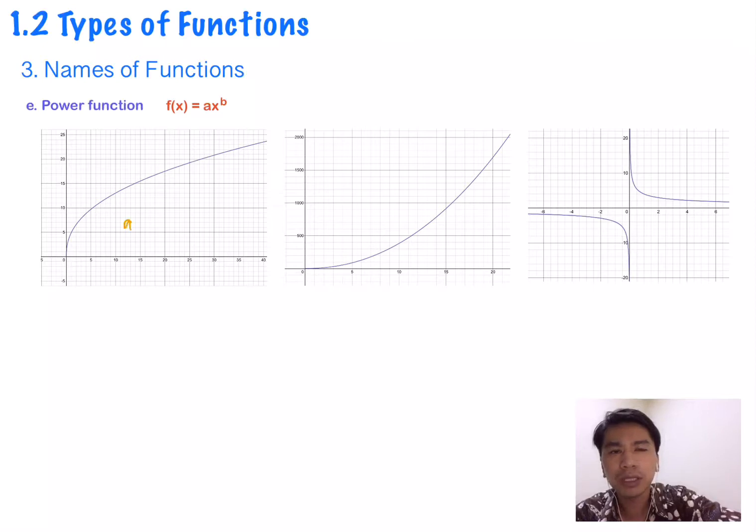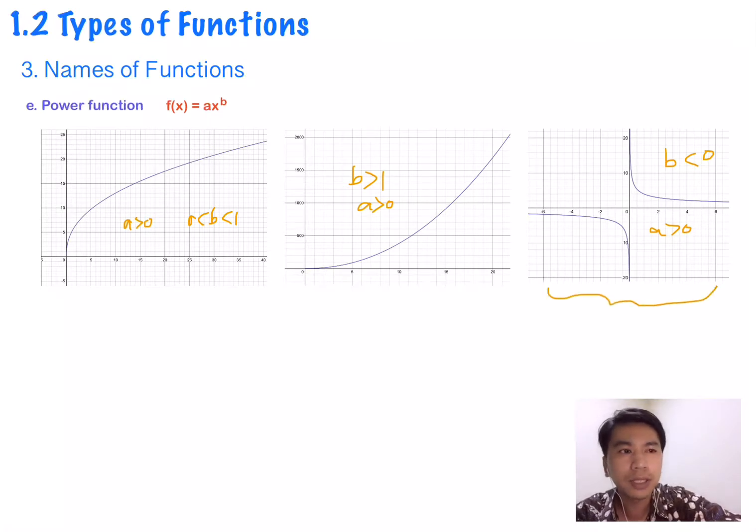For these three graphs, I set the value of a is greater than 0. And the b will vary for each these three graphs. For the first graph, b will be between 0 and 1. For the second graph, b is higher than 1. And for the last graph, b is less than 0.